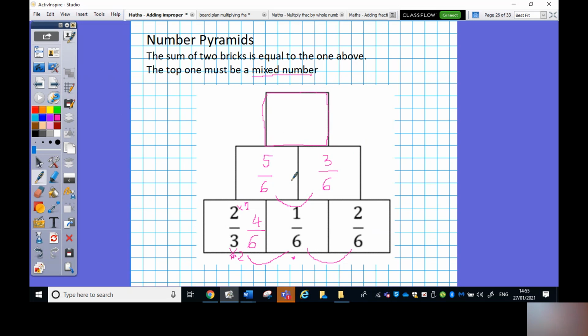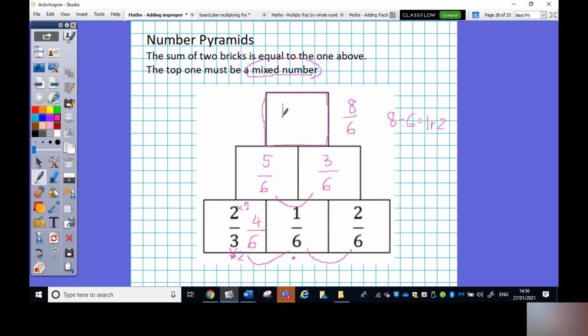Brilliant. Well, you have to be so careful. 5 plus 3 equals, good, 8/6. I'm going to write it over here because I remember that we need to write a mixed number, don't we? What is 8/6 as a mixed number? Can you tell me? Good. 8 divided by 6 equals 1 remainder 2.